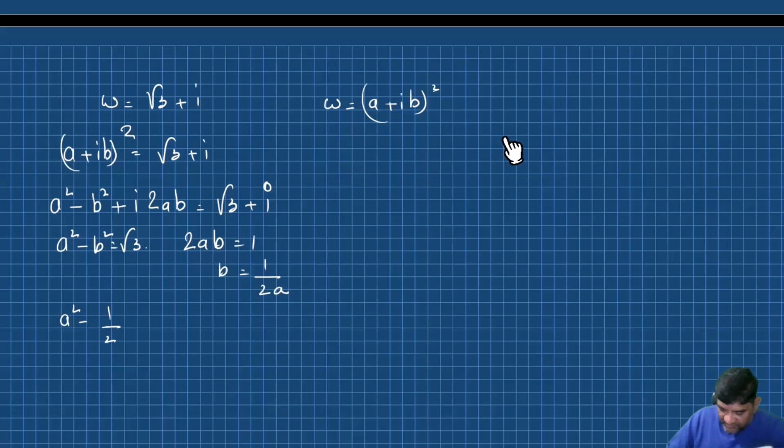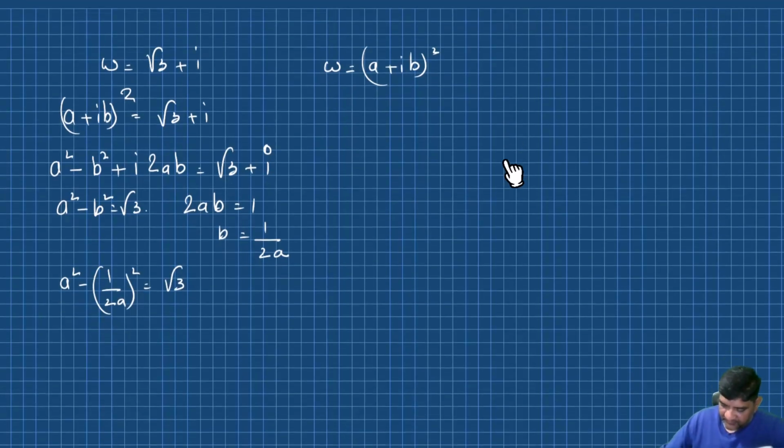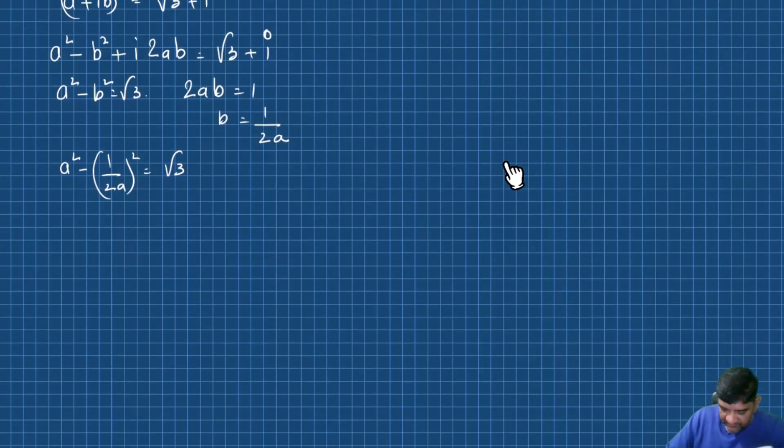So that's (1 over 2a) the whole square, and that's equal to root 3. So what are we going to have here? We're going to have a square minus 1 over 4a square is equal to root 3. Taking an LCM, this is going to be 4a to the power of 4 minus 1, and that's equal to 4a square root 3. Transposing it back.